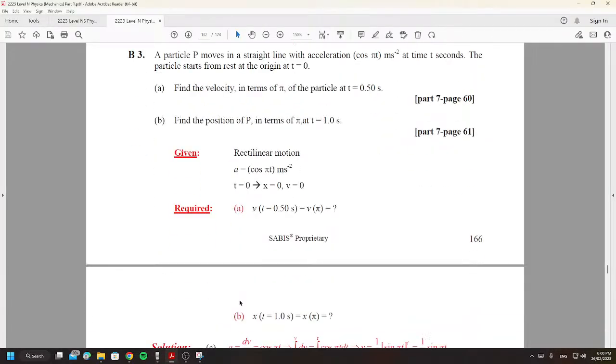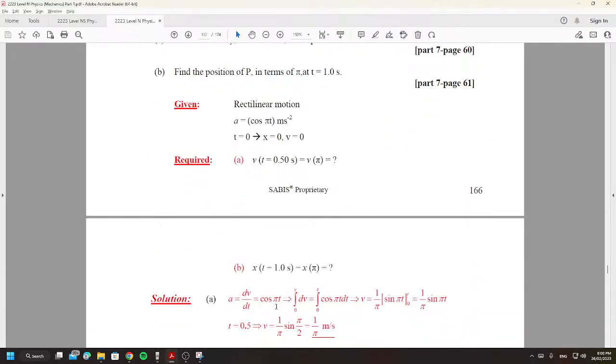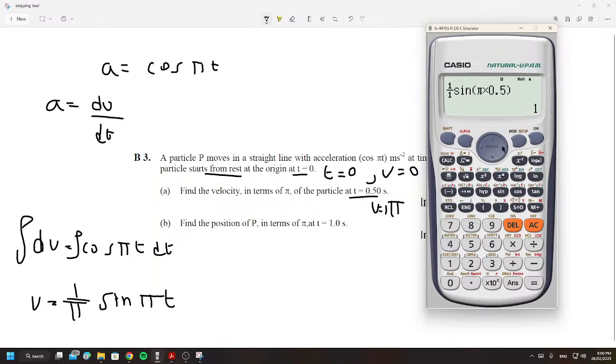Please be correct. Sorry, did I do something wrong? Yeah, I did do something wrong, because I changed this. They wanted it in terms of pi.